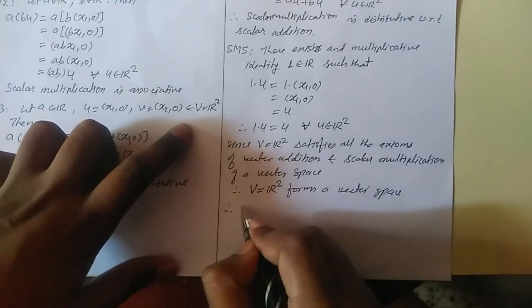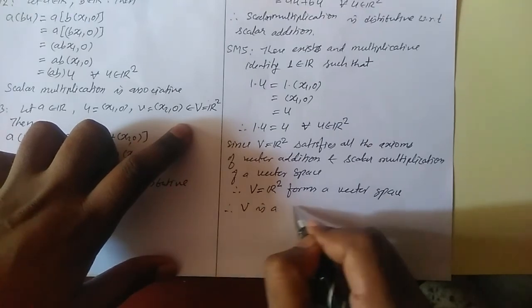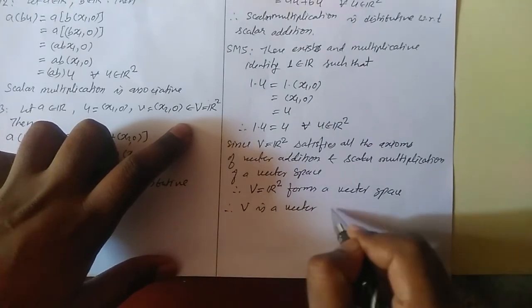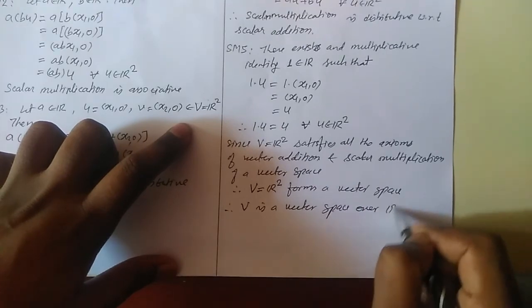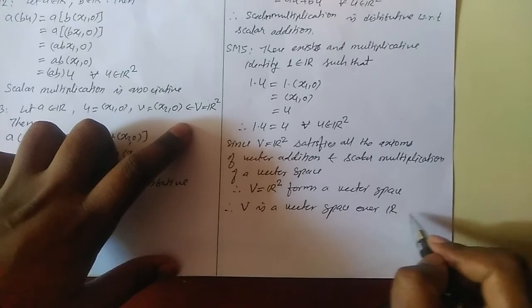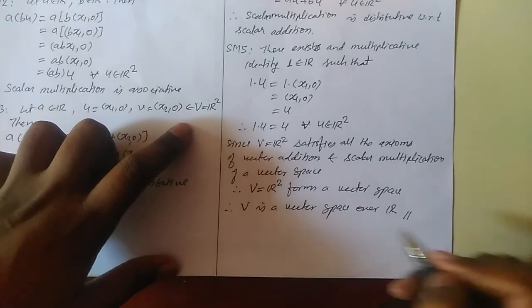Therefore we can say that V is a vector space over R. This completes the problem. Thank you.